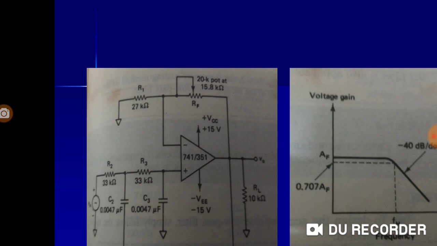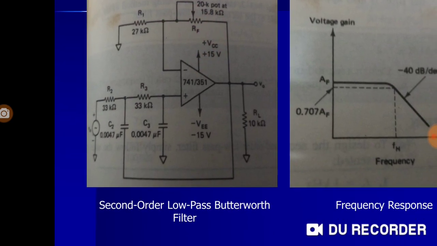Since R1 has to be less than 100 kilo ohm, let that be 27 kilo ohm, and RF comes out to be 15.8 kilo ohm, which is set using a 20k potentiometer. And we are assuming C as 0.0047 microfarad, so accordingly we will get R is equal to 33 kilo ohm from the FH is equal to 1 by 2 pi RC formula.